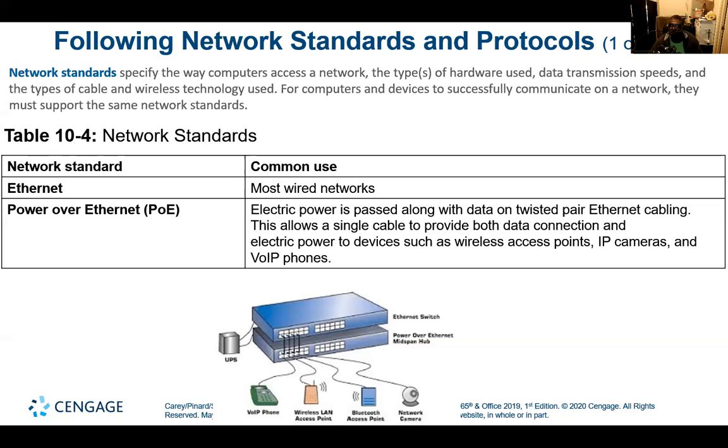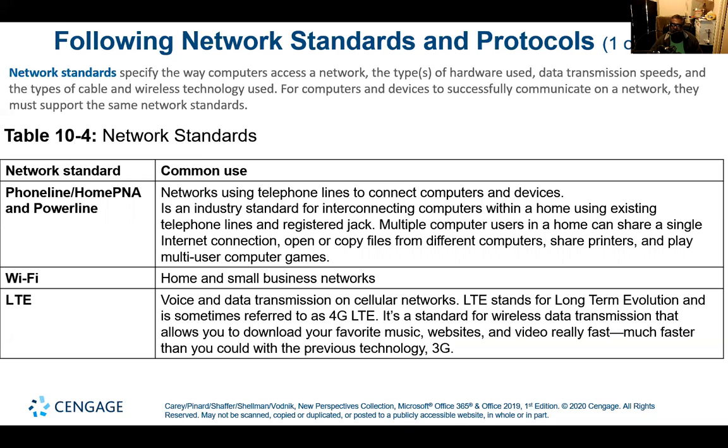This allows a single cable to provide both data connection and electrical power to devices such as the wireless access point, IP cameras, and voice over IP phones. So the same power is going to be transmitted to all the devices that are connected to it. And Ethernet is how most wired networks are set up.